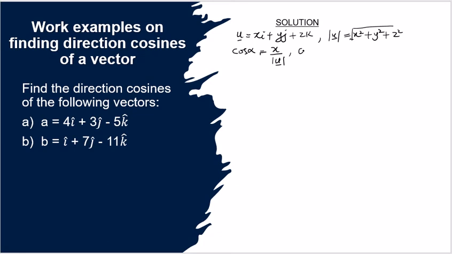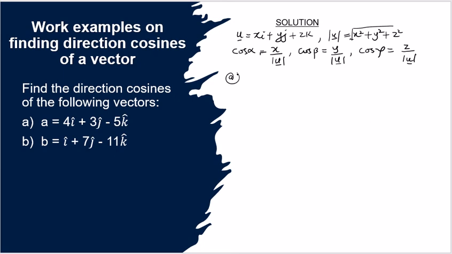Then the direction cosine for the unit vector along the y-axis is given as cos beta, which is y over its modulus. Then the direction cosine of the unit vector along the z-axis is given as z over the modulus of the position vector.